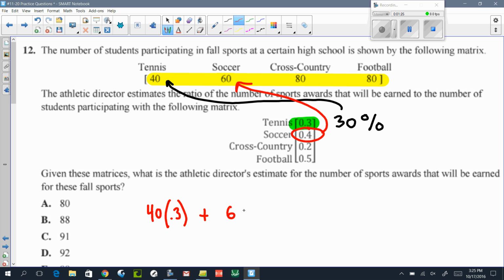So we're going to take the 60 total, and 40% of them are going to earn awards, plus cross country, 80 total, and 20% are going to earn awards, plus 80 total again in football. And in this case, 50% are going to earn awards.